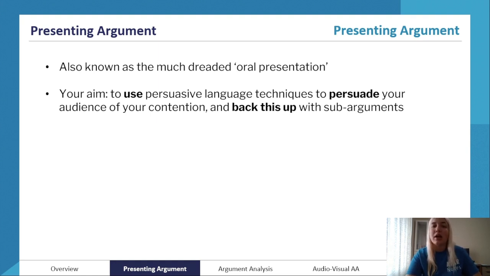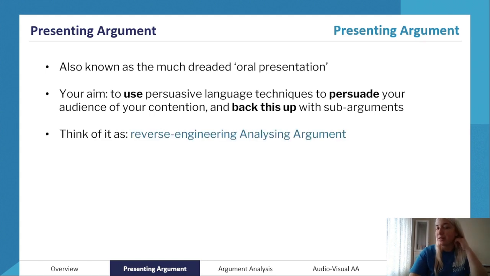Then you have your second argument, and for your third argument, you should have a counter argument as well as a rebuttal. Okay, so some people also disagree with me, and some stakeholders think this about an issue, and they have the opposite point of view to me. But then this is also wrong, and here's why. That's basically what a rebuttal should look like, okay?